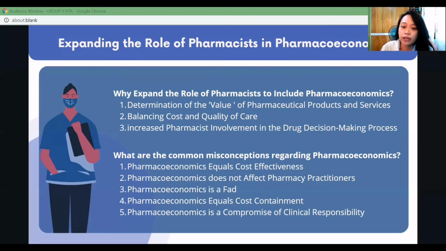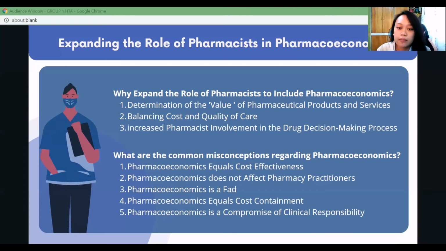As the healthcare environment becomes increasingly cost-conscious, pharmacoeconomics will play a lasting role in pharmacy practice, kahit na we already stabilized, the government has already allocated a big budget in health. Pharmacoeconomics is still a need.